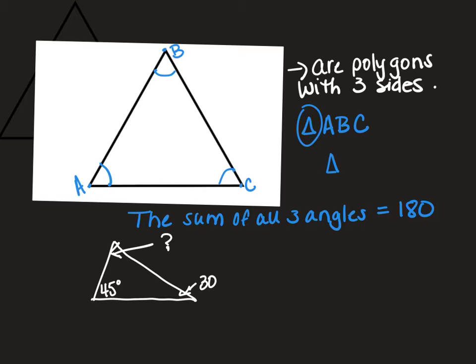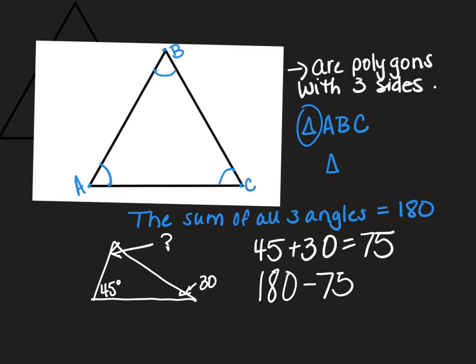Well, we would take 45 plus 30, which equals 75. And then you take the total number that it should be and subtract what you have here. So it'd be 180 minus 75, and so the unknown would be 105 degrees. So one thing you must remember here is the sum of the angles of a triangle equals 180 degrees.